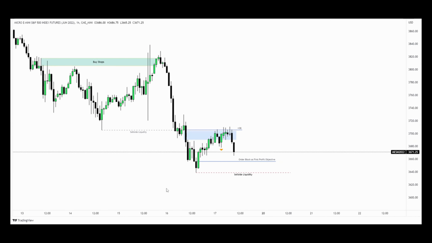Let's go right into the 1 hour chart of the E-mini S&P, and what we can see here is that price is trading lower, creates this beautiful bearish order block and leaves a fair value gap. And now look closely, all candles are respecting that fair value gap and this bearish order block and are closing below it.